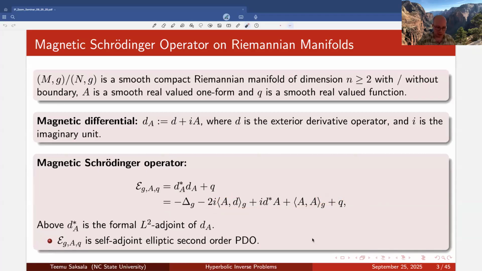By this definition, this is an L2 self-adjoint operator on my manifold, and it's also of course elliptic. So it's a generalization of the Laplacian.